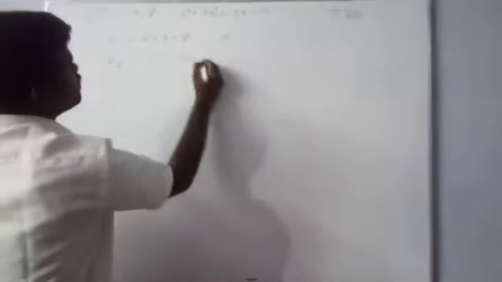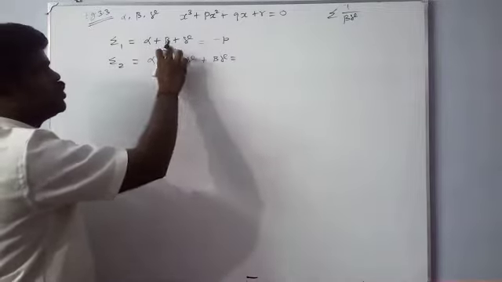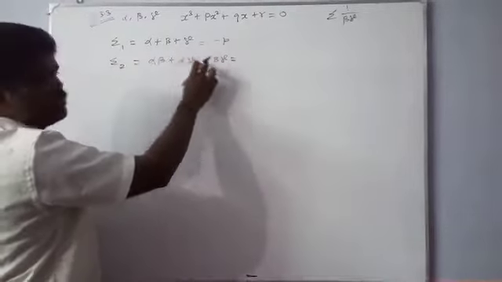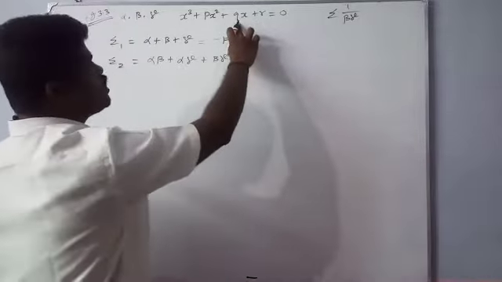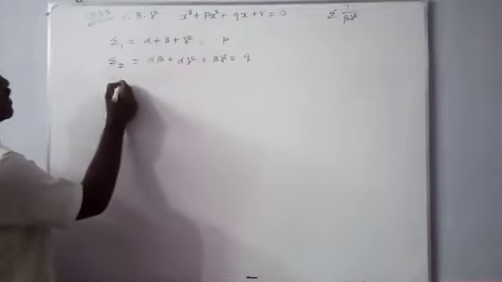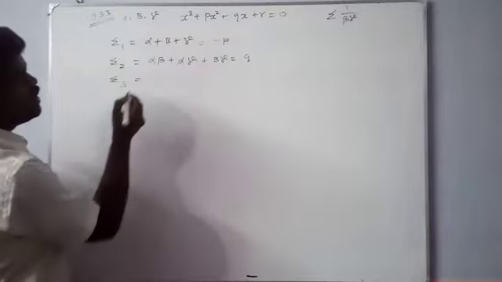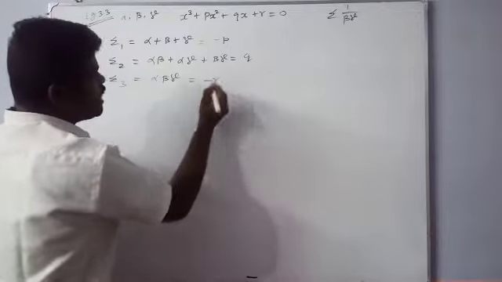Multiply these two: alpha beta plus alpha gamma plus beta gamma, which is equal to q. And the product of the roots, summation 3, is alpha beta gamma, which is equal to minus r.